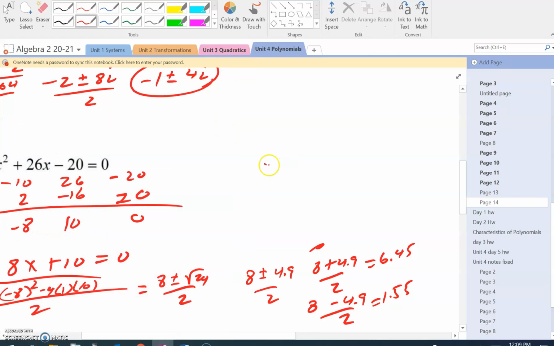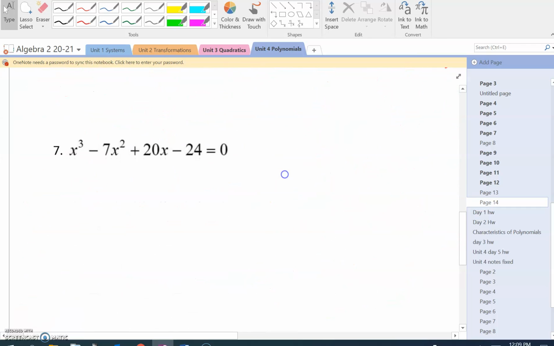The graph actually looked like it touched at 2, but upon further review, it's actually going like that. So you got one at 1.55, and then that one at 2. Amazing, isn't it? The beauty of it.